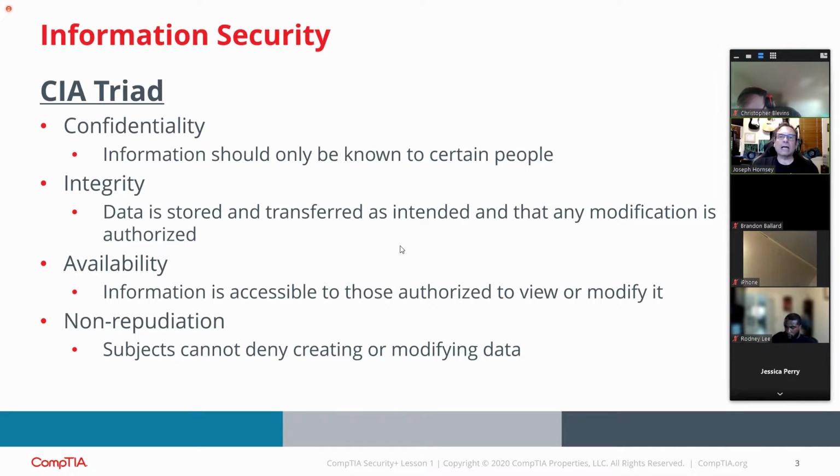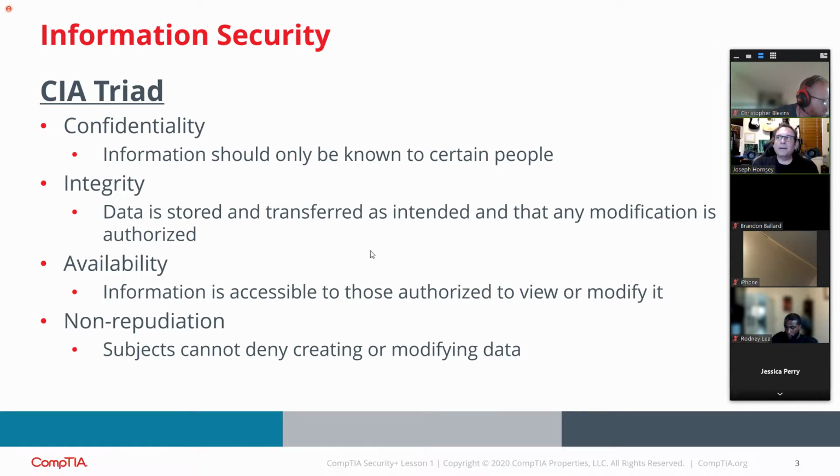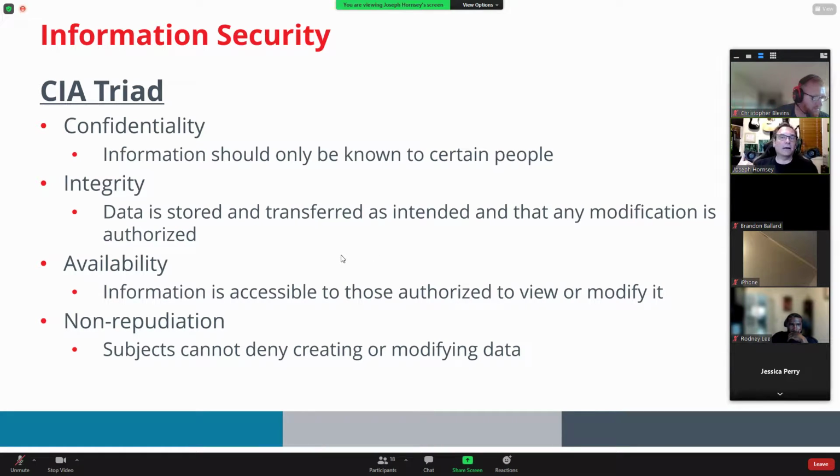So confidentiality is making sure only the appropriate or authorized people see the information. Integrity is making sure that only the authorized or appropriate people can change the information. And then availability. We have to make sure that the services, the systems, the data are available, that it's accessible. Again, Carlos is going to send me an email.